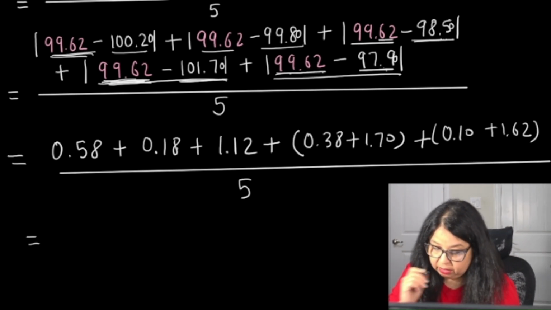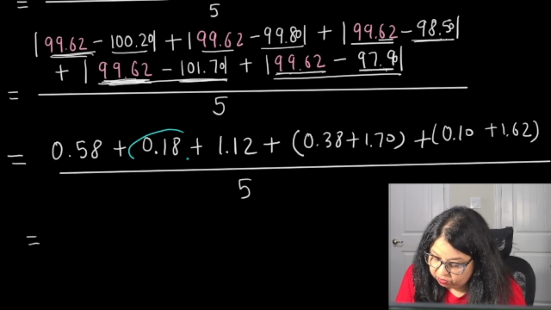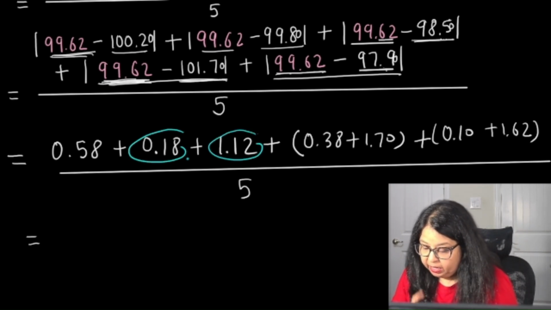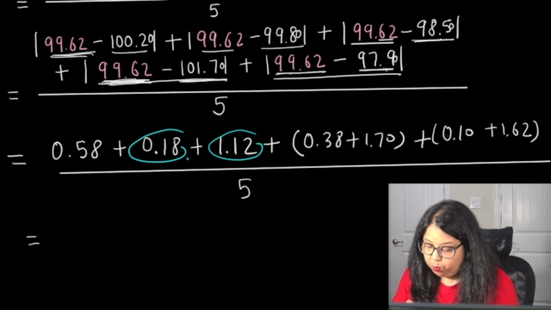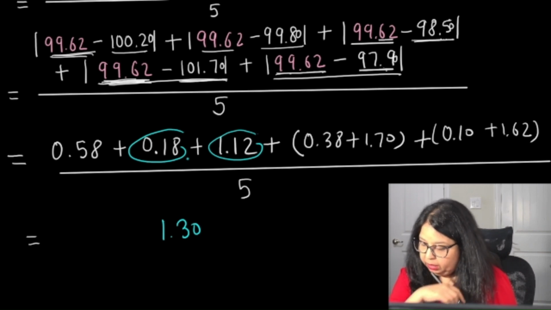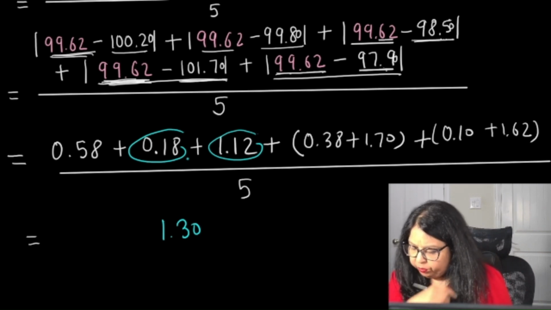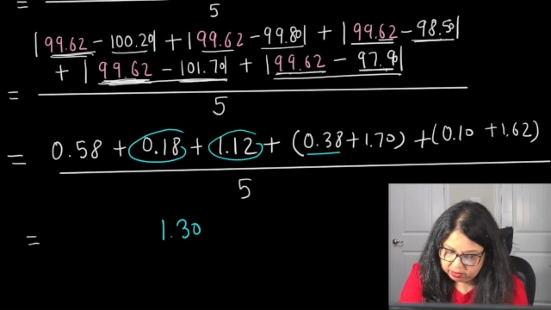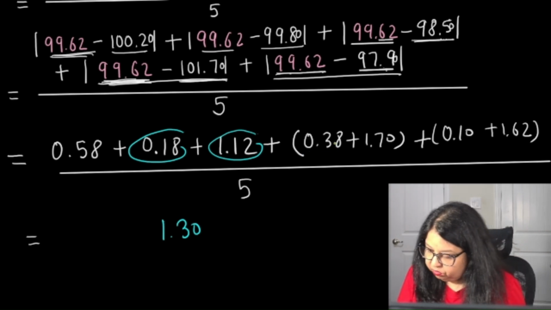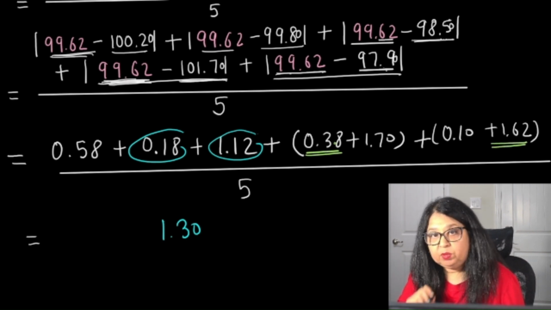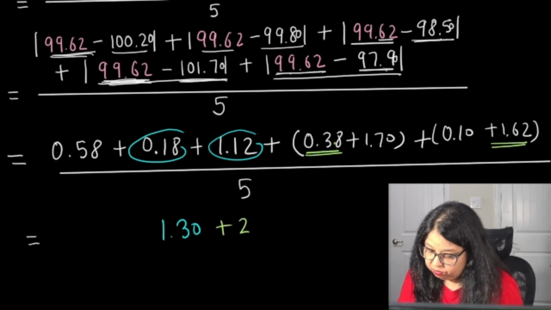We can do it. Look how. 0.18 plus 1.12 will give me 1.30. So here's my 1.30. Then 0.38, another color. 0.38 plus 1.62 gives me 2.00.